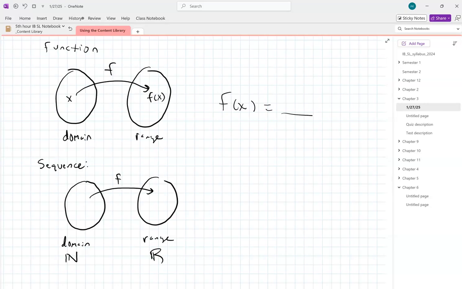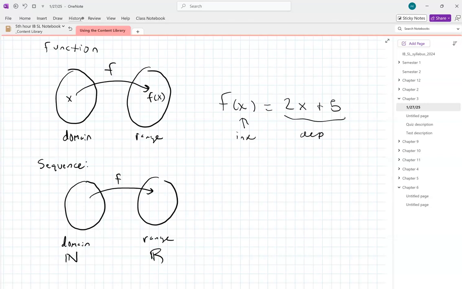For functions, when we write function notation, we write f of x equals, and then we write some formula in terms of x, like 2x plus 5, right? Everybody's okay there? Where the x is our independent variable, and then this stuff is our y, our dependent variable.